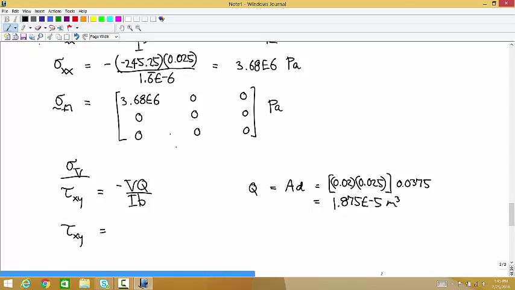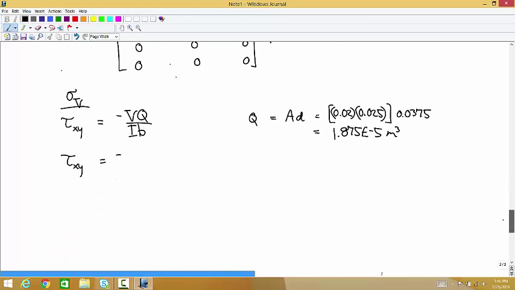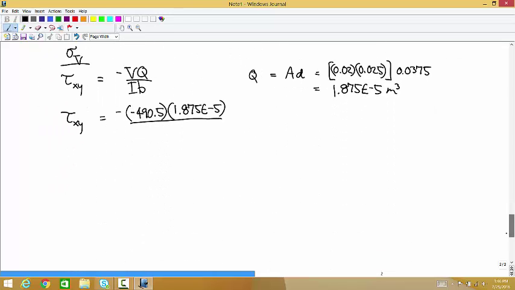So tau xy is equal to negative of whatever our shear force was, negative 490.5, times Q, 1.875 times 10 to the minus 5, divided by I, which was 1.6 repeating times 10 to the minus 6, times the width in the z direction of the cross-section at the line that we care about, so that's 0.02.